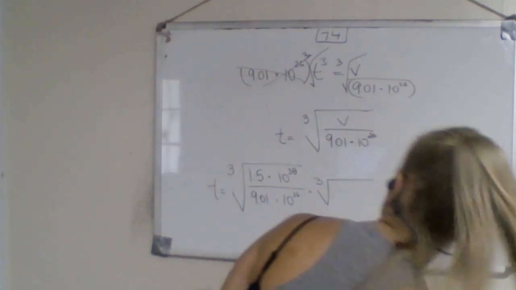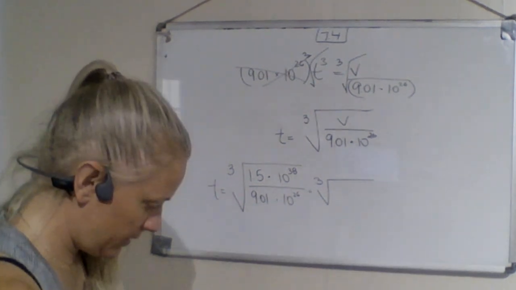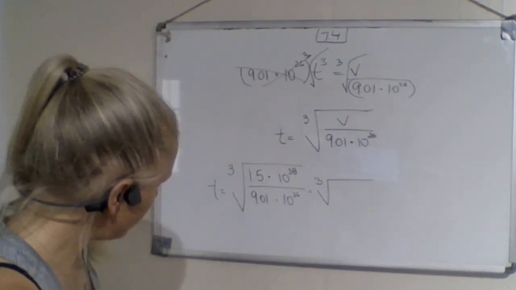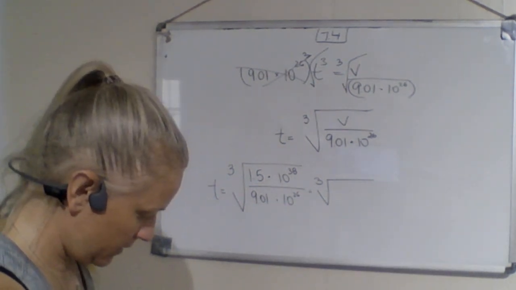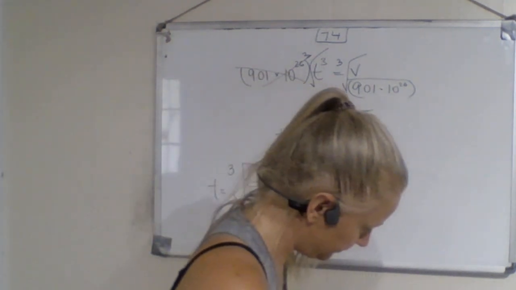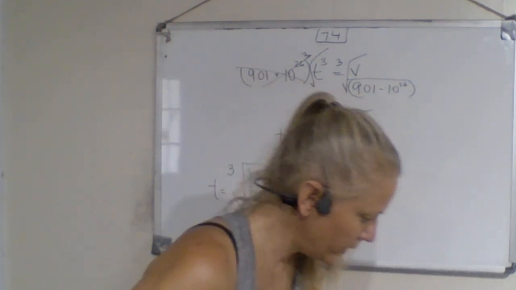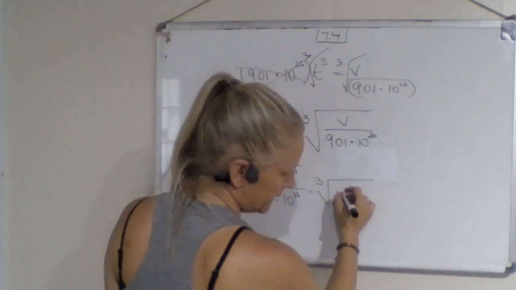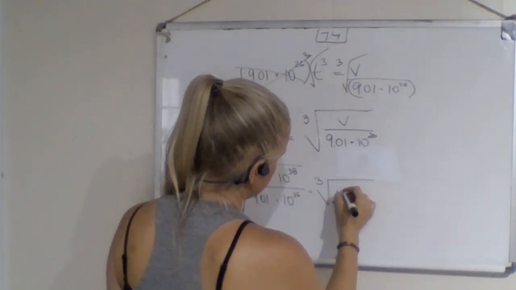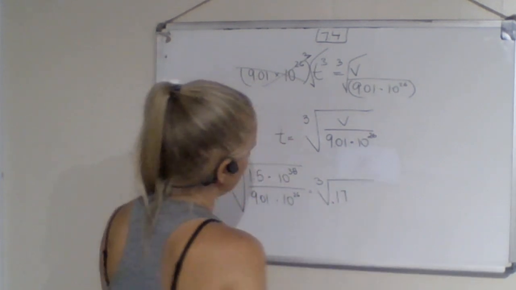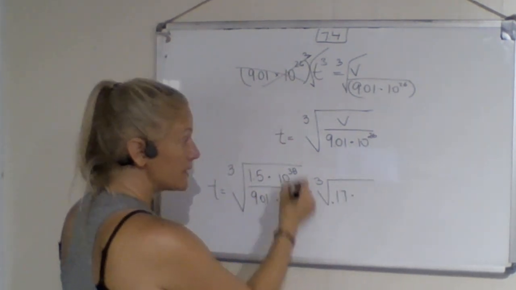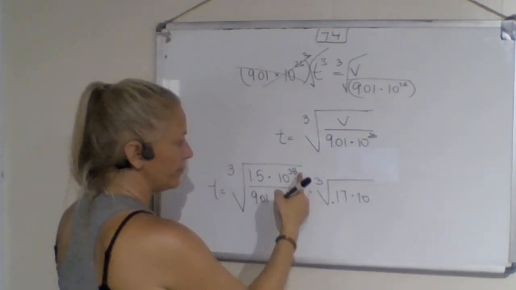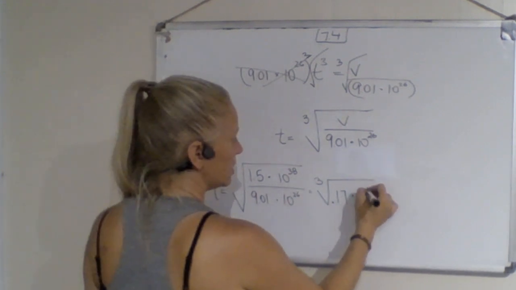If I go 1.5 divided by 9.01, I get 0.1766. I'm just doing it like this. And then times 10 to the, this minus this is to the 12.